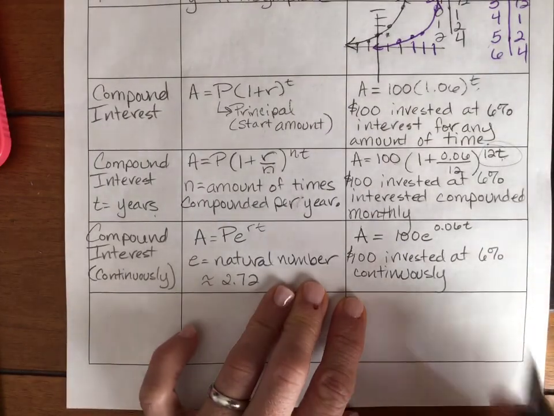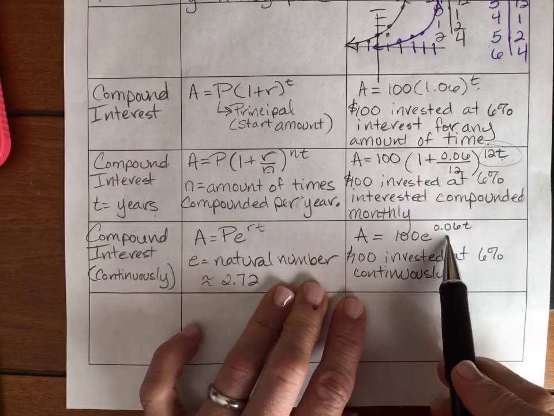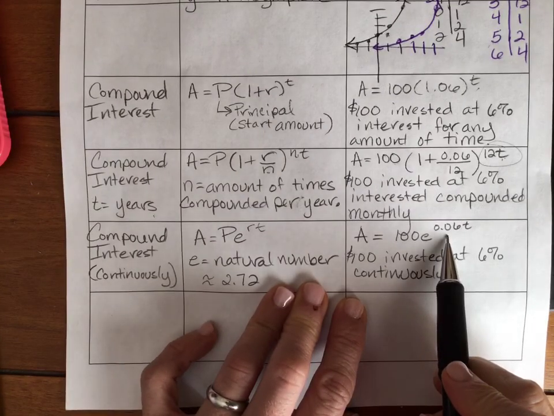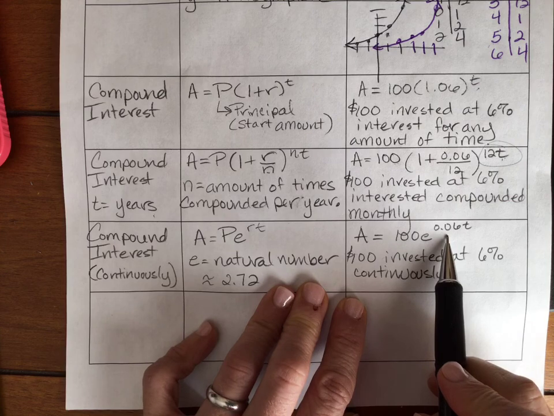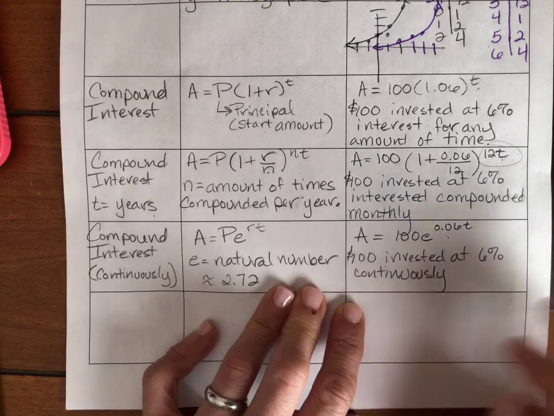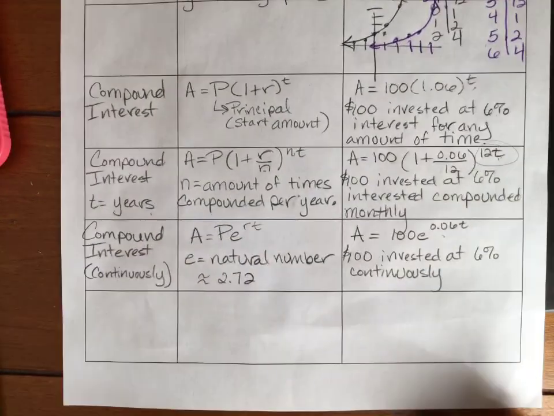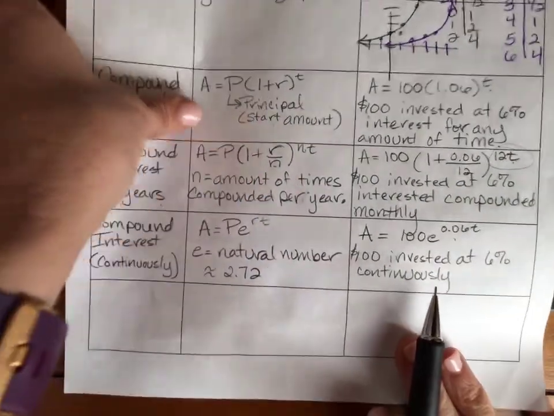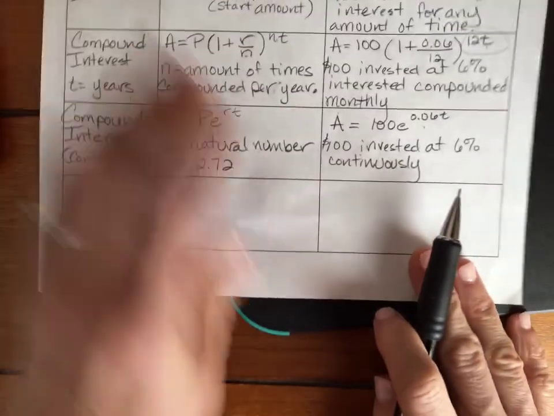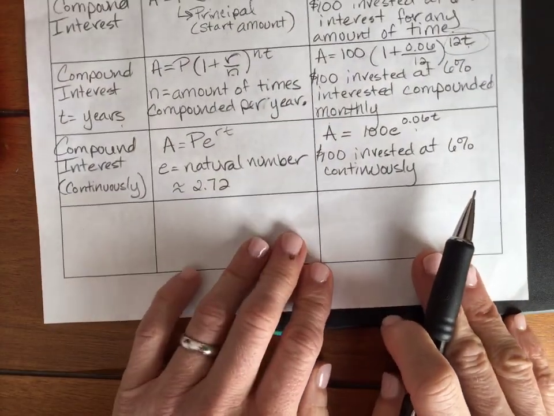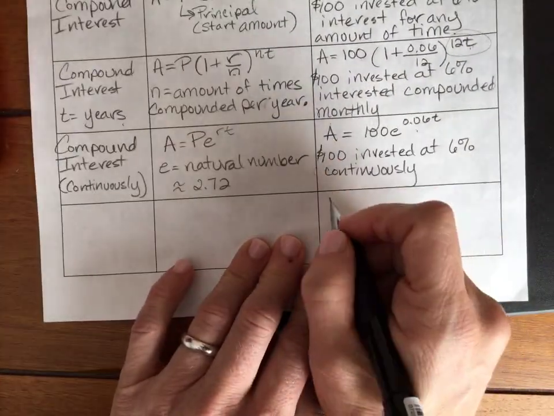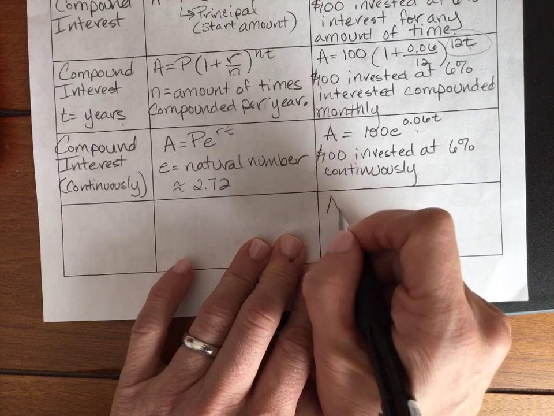So really similar to before, but notice I just put the rate in there. I don't add a 1 to it. And so if I'm growing, it's also a positive rate. So let's say I'm actually losing 6%. What does that look like? So let's say I'm talking about maybe depreciation.